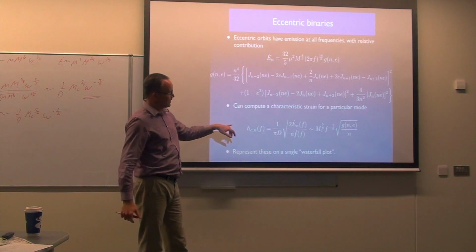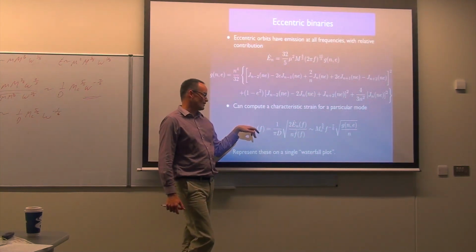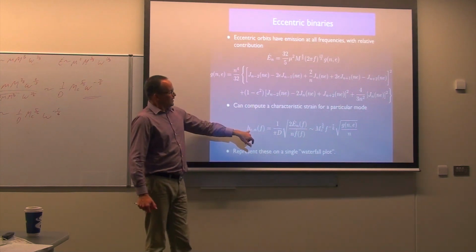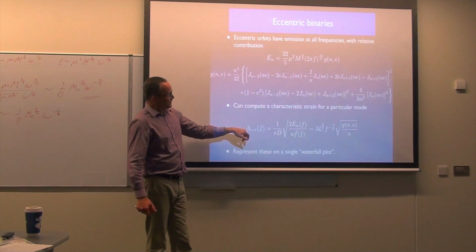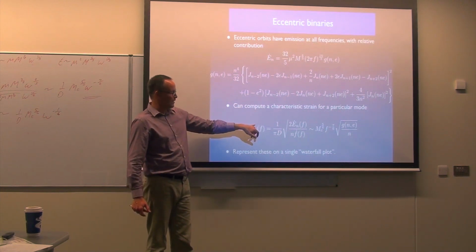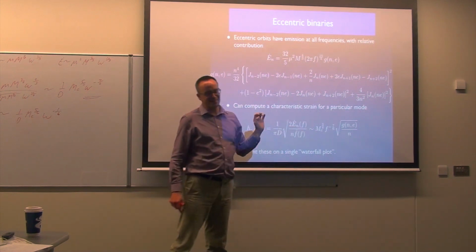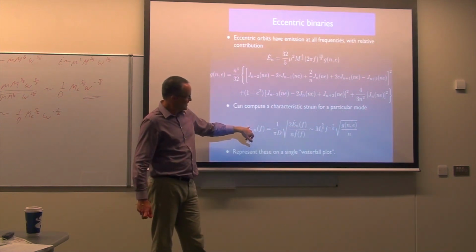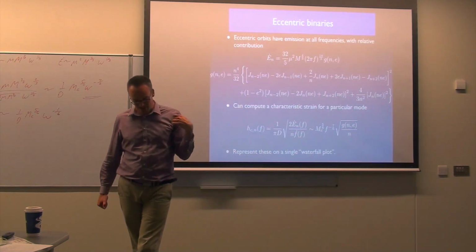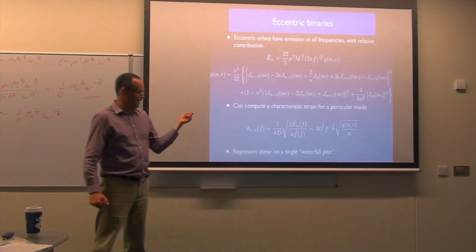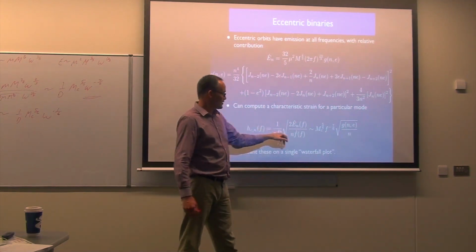Right. So this is hc squared. My notation is basically this: the characteristic strain in frequency at frequency n times f.